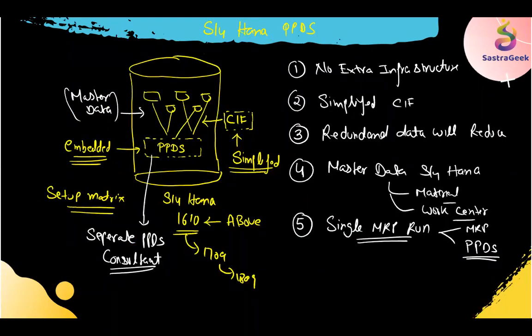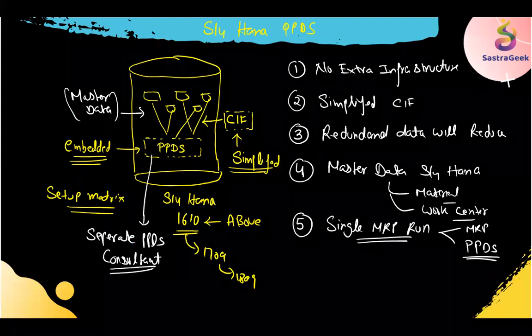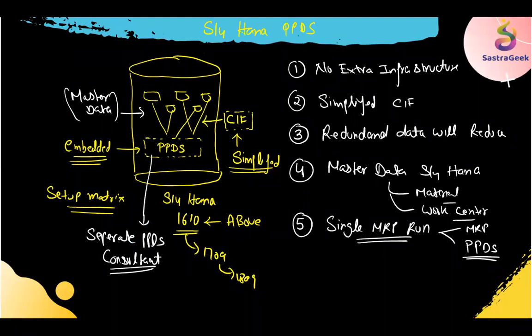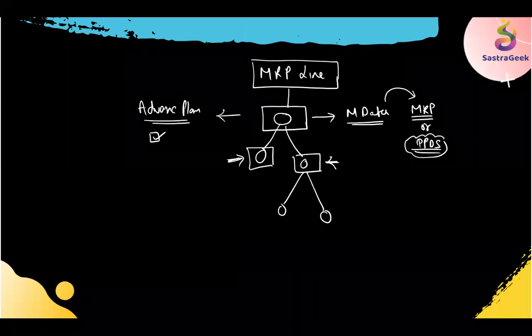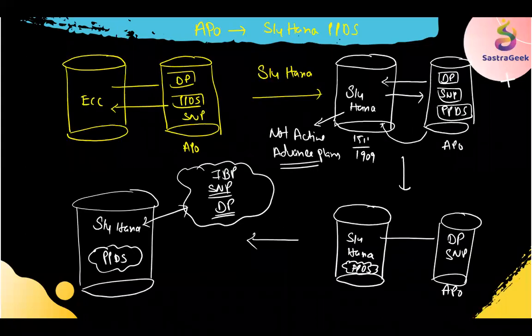We have also discussed that once PPDS is embedded in S/4HANA and the architecture has changed, what the benefits of that architecture change are. We also discussed the clients who are already working in APO and the new clients, and what opportunities they have.